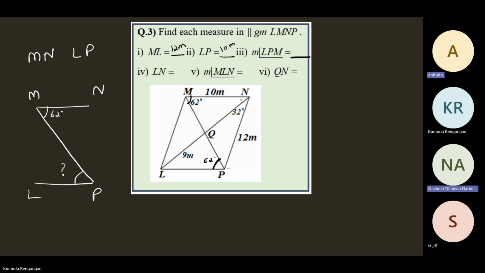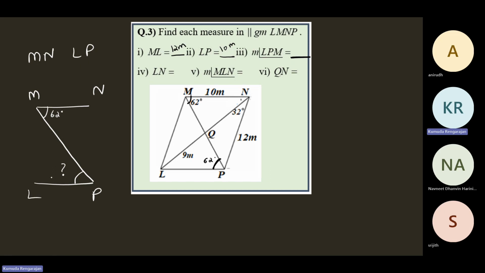Alternate interior angles. Correct. So see, identifying the parallel lines and the transversal. In this figure, you have two pairs of parallel lines and two transversals. The two diagonals are the transversals. You must identify the correct pair of parallel lines and the correct transversal to answer the question.